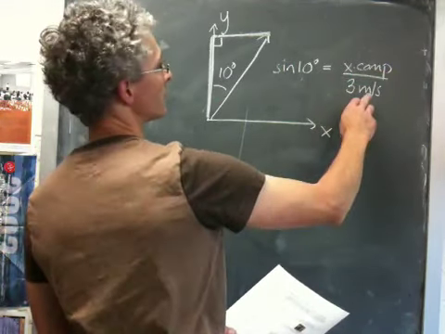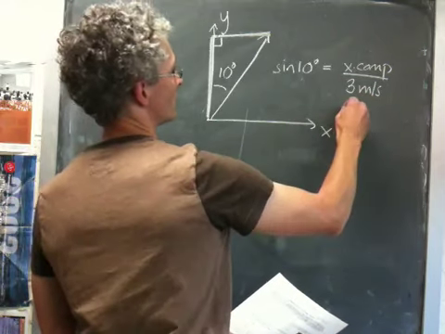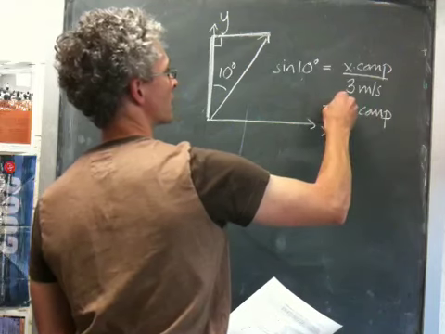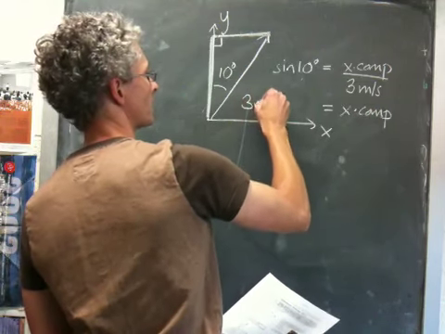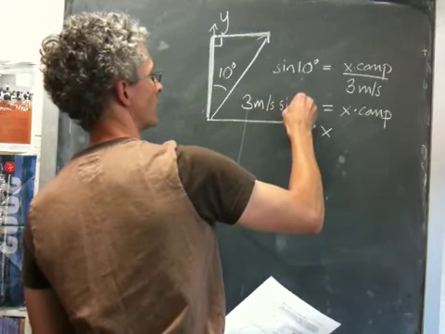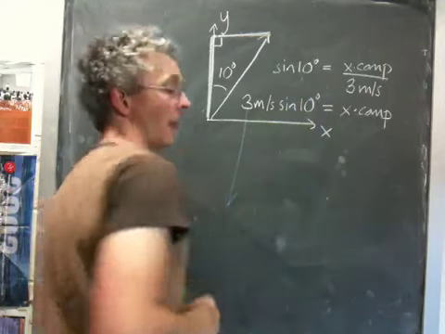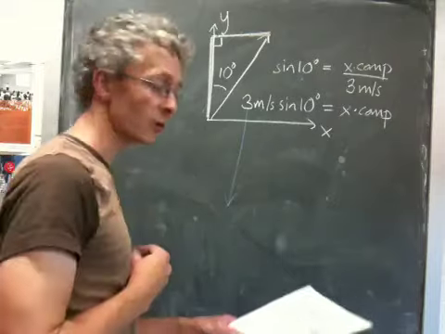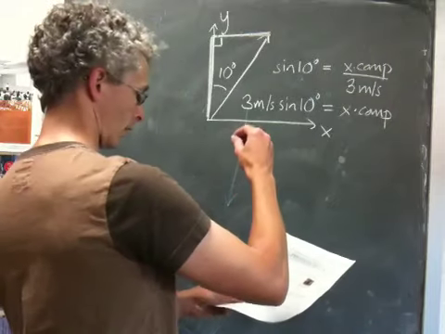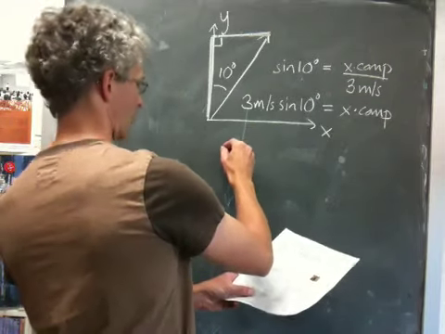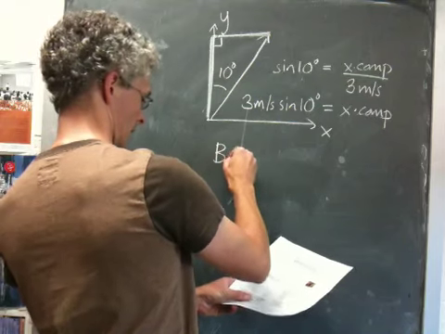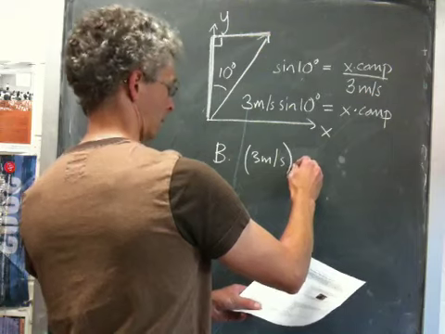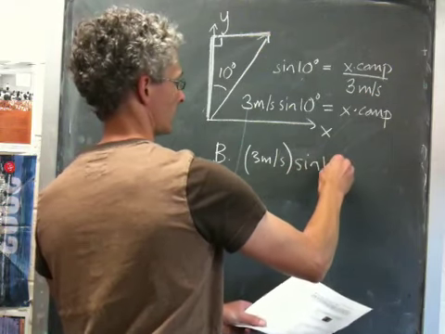So the x component, rearranging this equation, is just 3 meters per second times sine of 10 degrees. And by a very similar trig argument, the y component is 3 meters per second times cosine of 10 degrees.